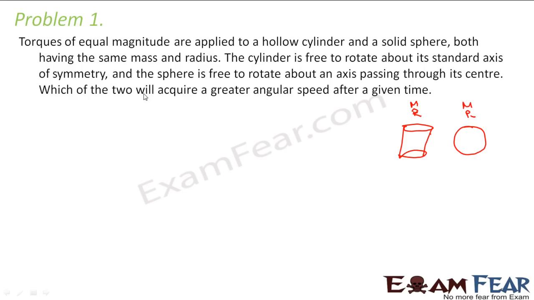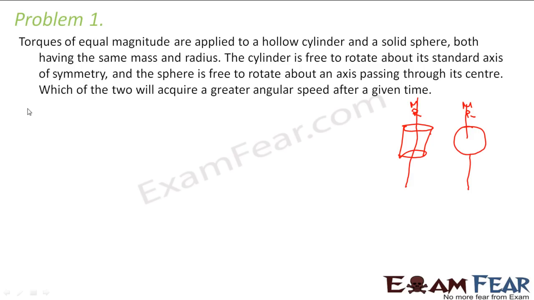The cylinder is free to rotate about its standard axis of symmetry, and the sphere is free to rotate about an axis passing through the center. Which of the two will acquire a greater angular speed after a given time?